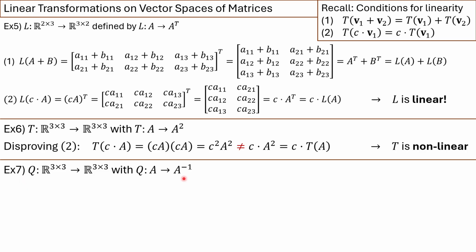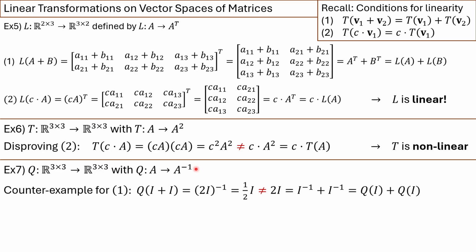Finally, the inverse. Does the inverse of a sum equal the sum of the inverses? Well, not this time either. The inverse of I plus I, for example, is the inverse of 2I. So the identity matrix, if we take 2 of them and add them together, we're checking condition 1, right? That will be 2I.